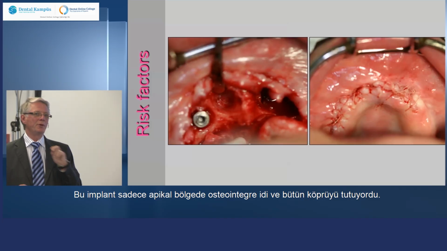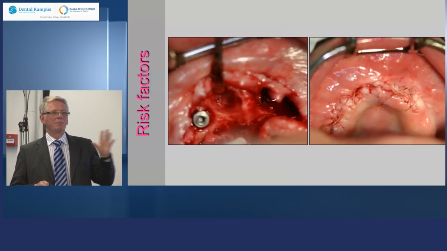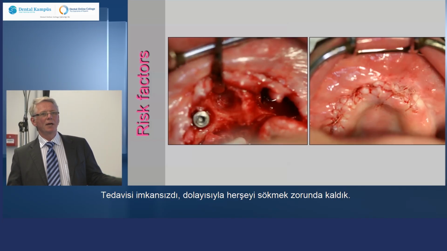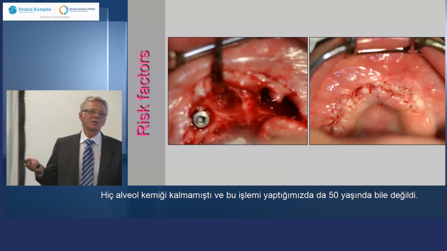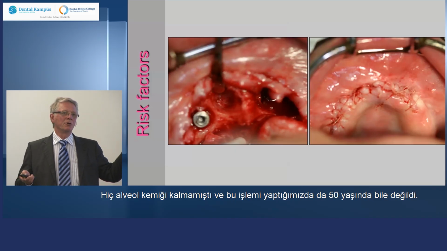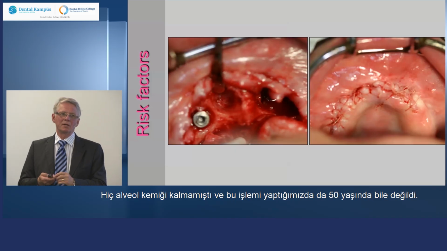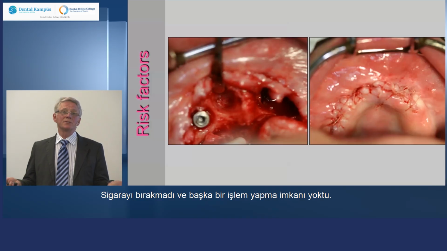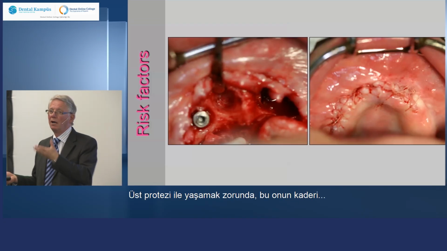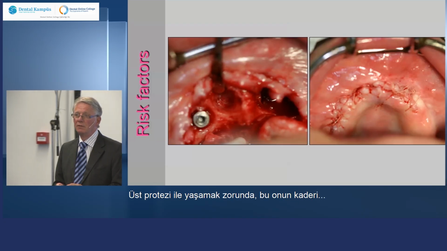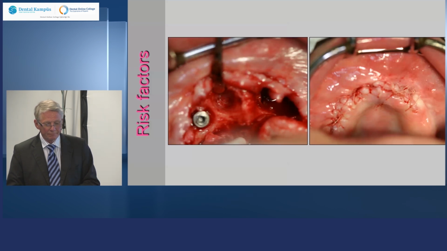That one was holding the complete bridge, but it was impossible to treat. So we had to remove everything. She has no alveolar crest at all. She was not even 50 years old when I did this. She hasn't stopped smoking, and there is no possibility to do anything. She has to live with her upper prosthesis. That's her destiny, in a way.